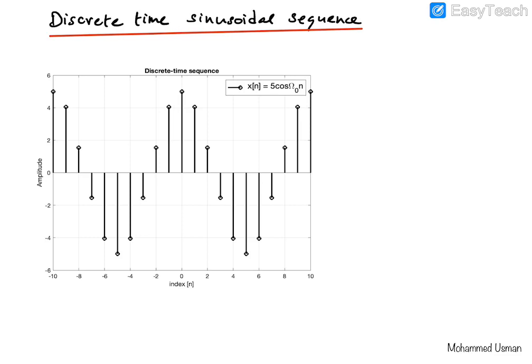For the discrete case, the independent variable is n, and n takes on only integer values. So we have -10, -9, -8, -7, and so on. Each of these samples corresponds to x of -10 for the first one, because it is the sample when the value of n is -10.